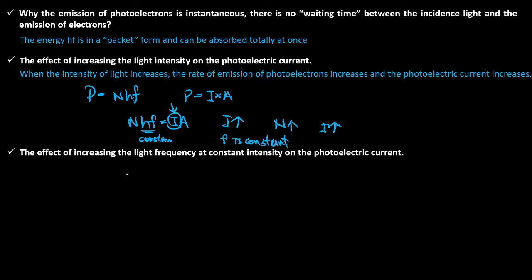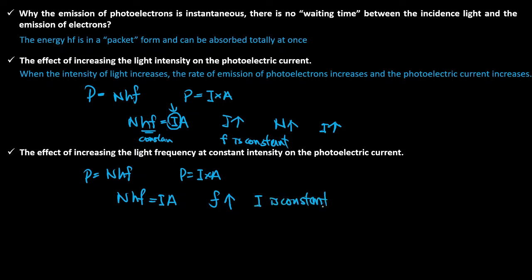So from the previous equations, P is equal to NHF and P is equal to I times A. You have NHF is equal to IA. Now F is increased, but I is constant. Of course area is always constant, so the left side must stay constant too.